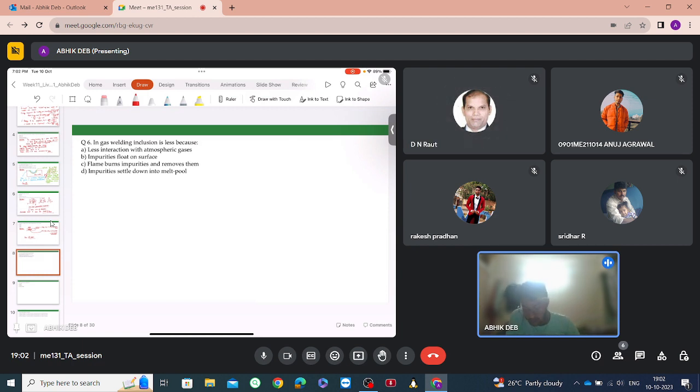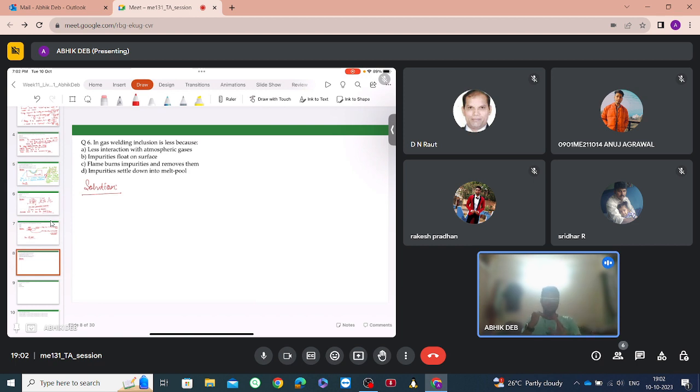Because gas welding is not very focused like laser welding or electron beam welding. So the energy density will be less, and since the energy density is less, it will have to heat a larger area of the material for the melting to happen.